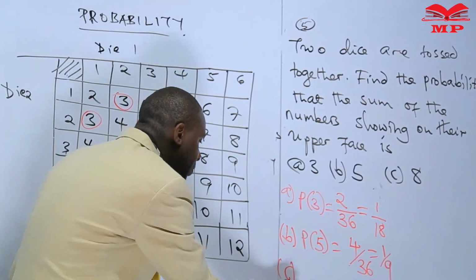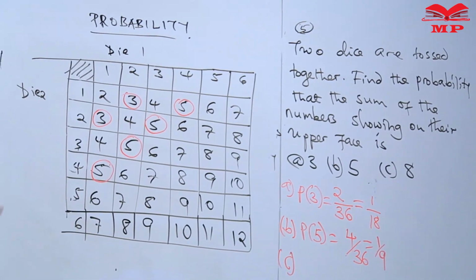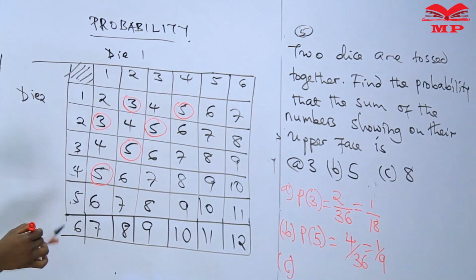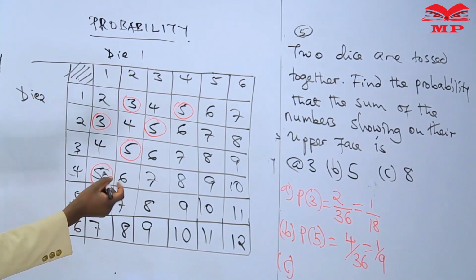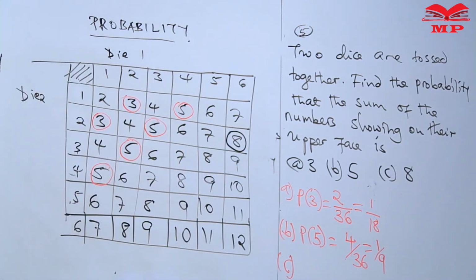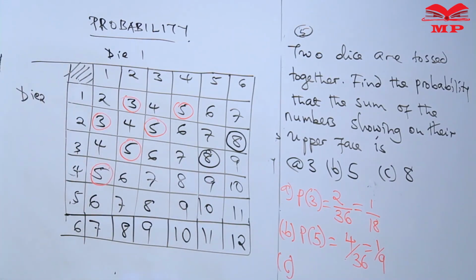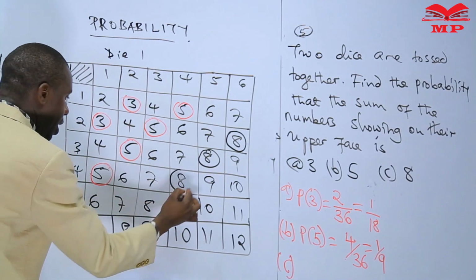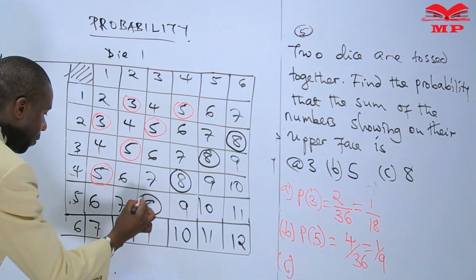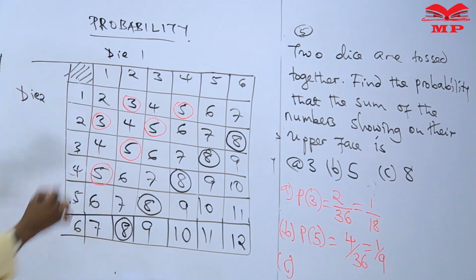Let us see the last part C. We want situations where our sum is 8. So, let me now surround with this. We can have 1. Another situation is this, which is 2. Another situation is this, which is 3. Another situation is this, which is 4. And lastly, we have the last one, 5.